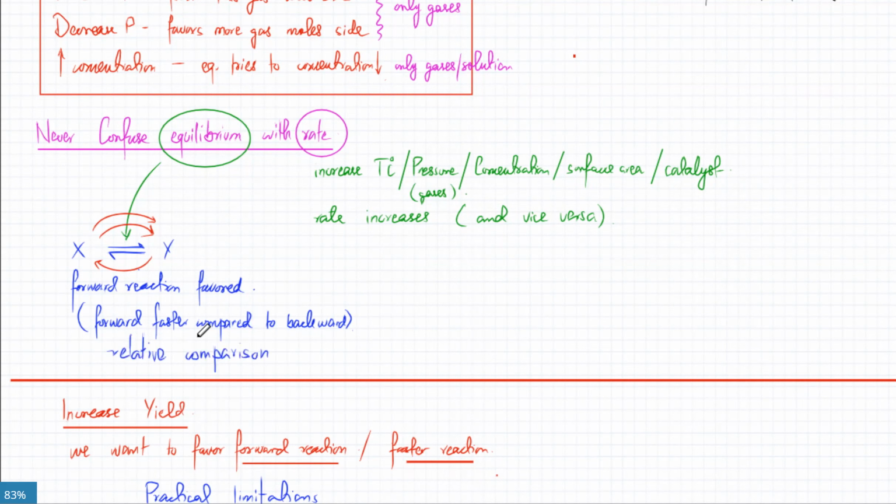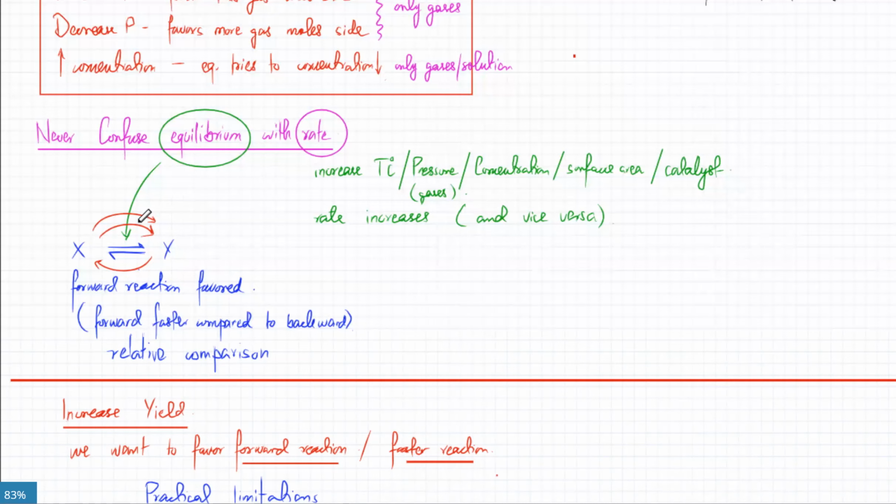Remember this, it's a relative comparison. What does relative comparison mean? When I say that one of the reactions is faster, or one of the reactions is favored, that simply means that one reaction is faster compared to the other one.